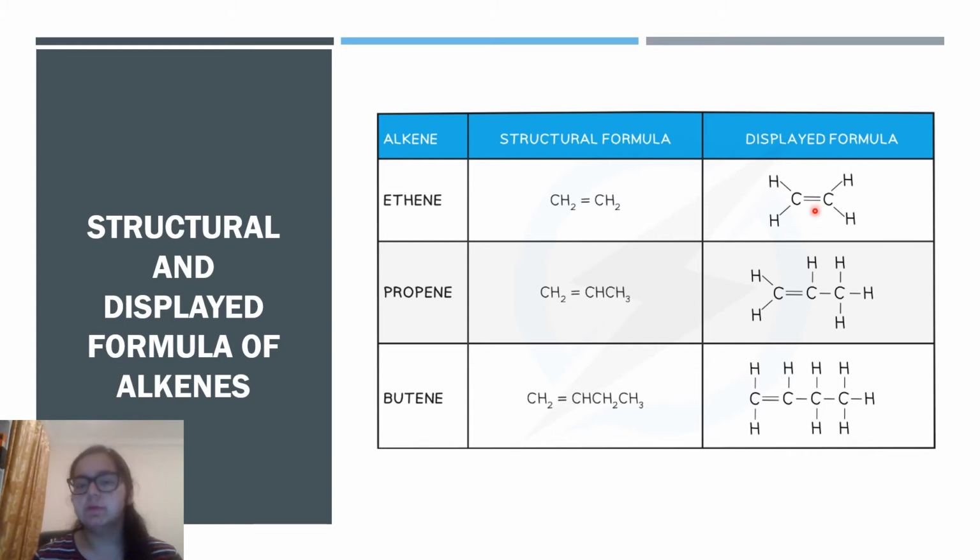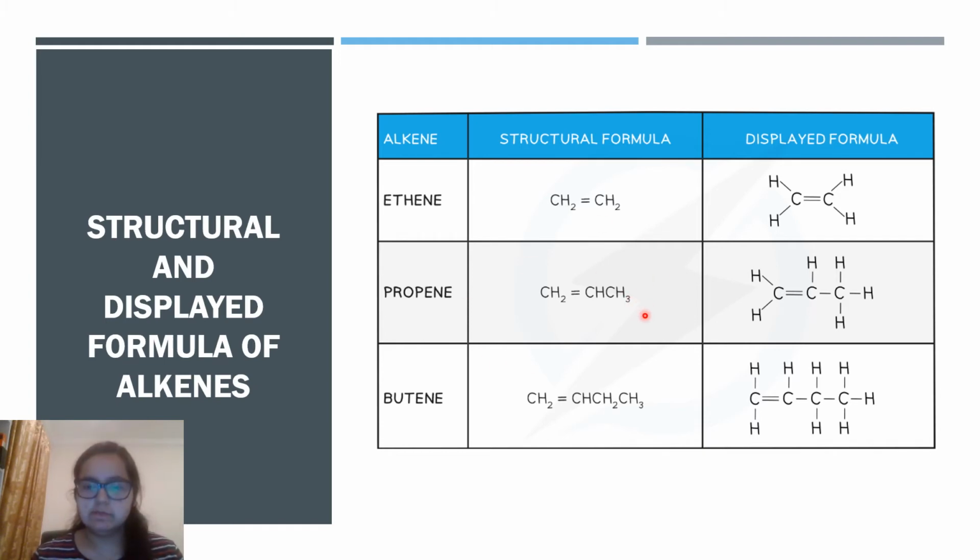That's the same thing which we wrote in a simplified form. Instead of drawing the whole structure showing all the atoms, we have just written it as CH2 double bond CH2. Now here CH2 double bond CH CH3, that's propene. So you can see that it has CH2 over here, there is the double bond, and then CH and then CH3. So we have again written it in a simplified format over here.